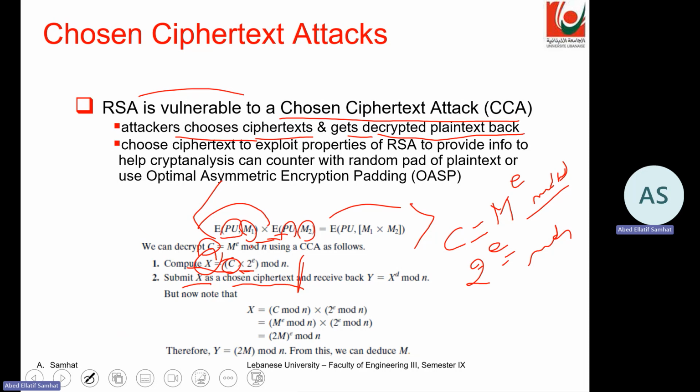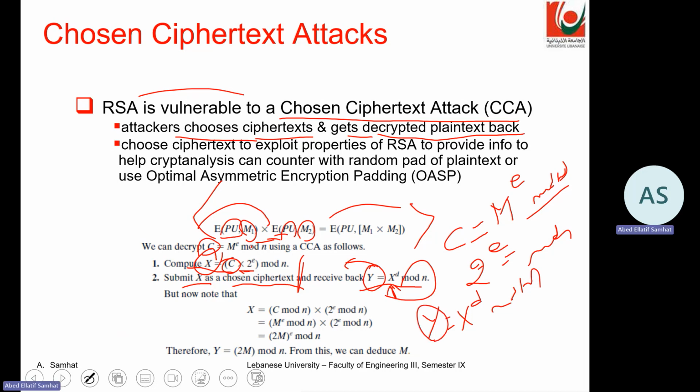So the victim is not aware that within this X there is some ciphertext that the attacker tries to decrypt. Typically, the victim will decrypt X and send Y back to the attacker. So the attacker will receive Y. Y is X to the power D mod N.